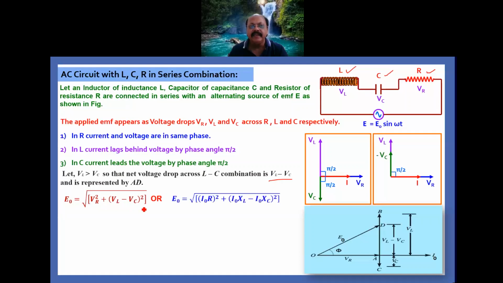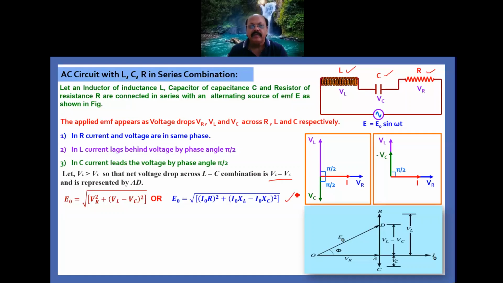In place of VR, VL, VC, we write these quantities in terms of the current. So E naught equals under root I naught R square plus I naught XL minus I naught XC whole square.